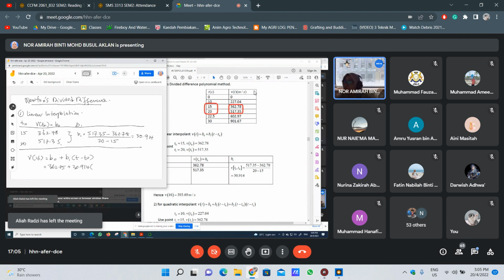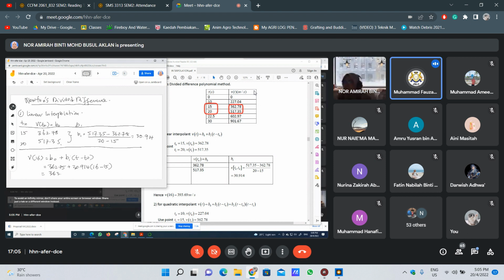Betul ke tak ni? So 16 minus 15. Berapa dapat? 393.694. Okay, meter per second.